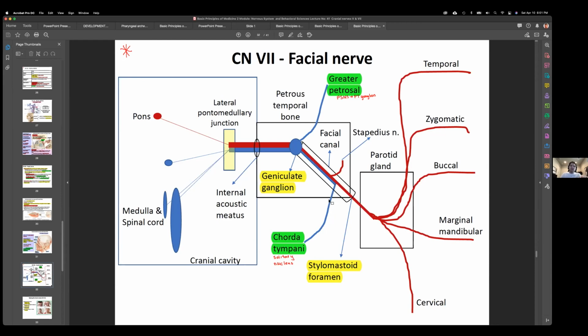So if you come across those questions, make sure you know what goes with it originally and then what joins up later, because the chorda tympani and the lingual come together at some point. Yeah, chorda to lingual, like 3 or 4 questions. That's what I was talking about. It gets a little confusing because they join together later and travel together.